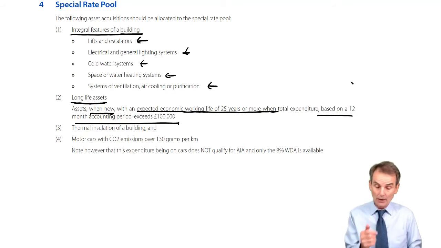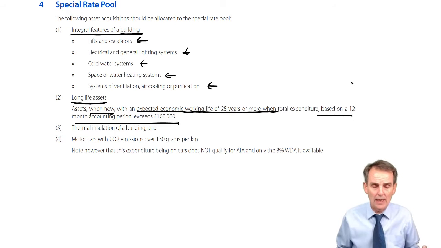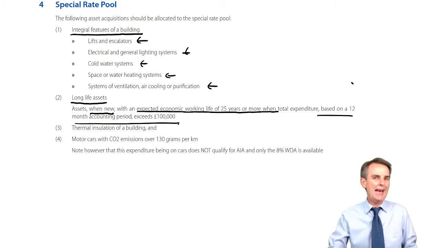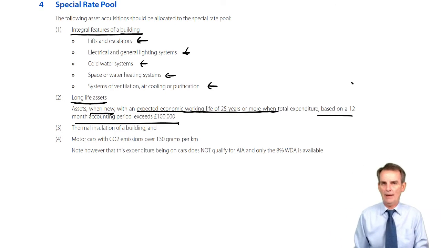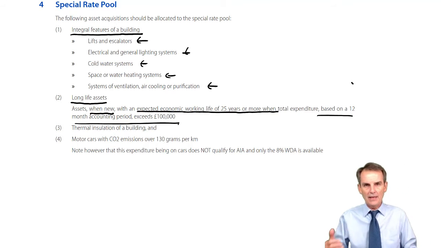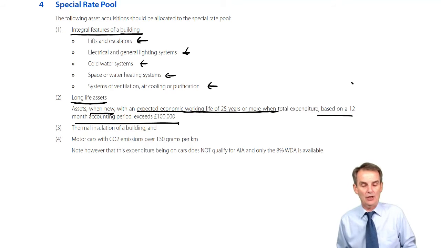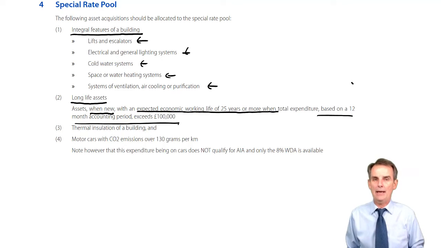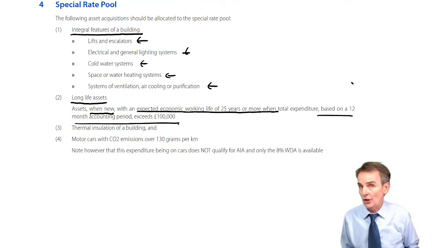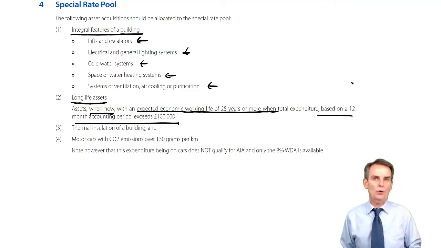Now even then it wouldn't be a problem. If that was the only expenditure we incurred, we'd have our AIA limit of 200,000 available. But if this, on top of other expenditure, took us above the 200,000, then it's an issue, as we would potentially have a restriction in relation to the WDA. What could we suggest, subject to what is practical and what may be done within the business, is to buy those two items in separate periods.